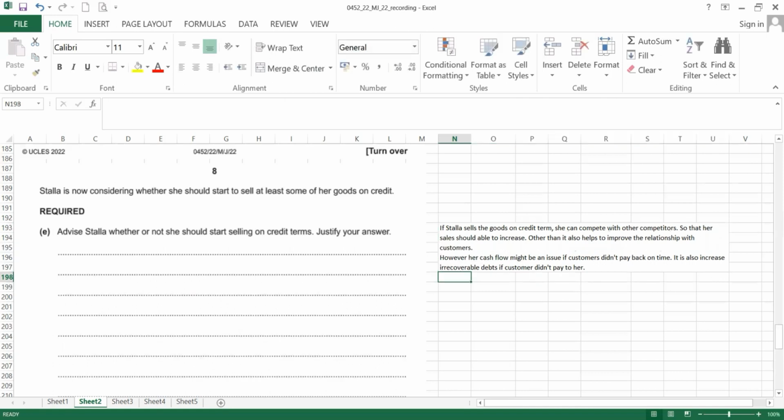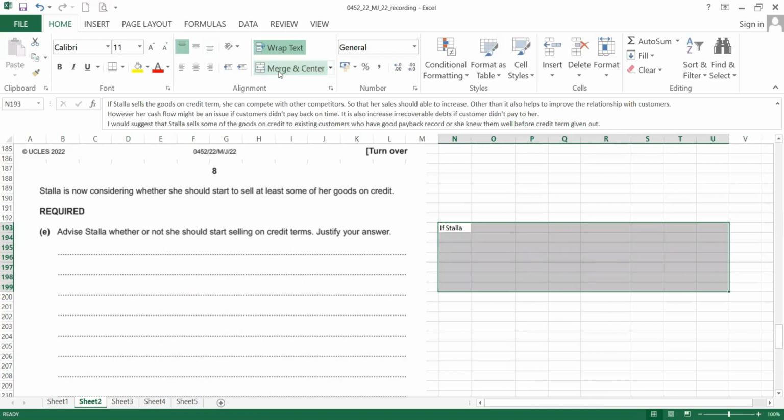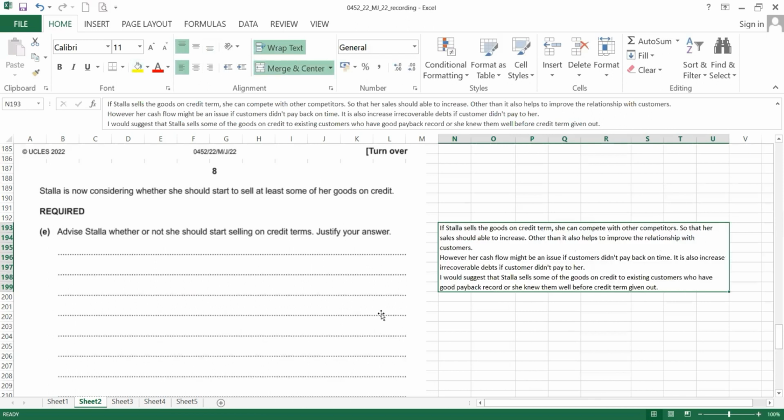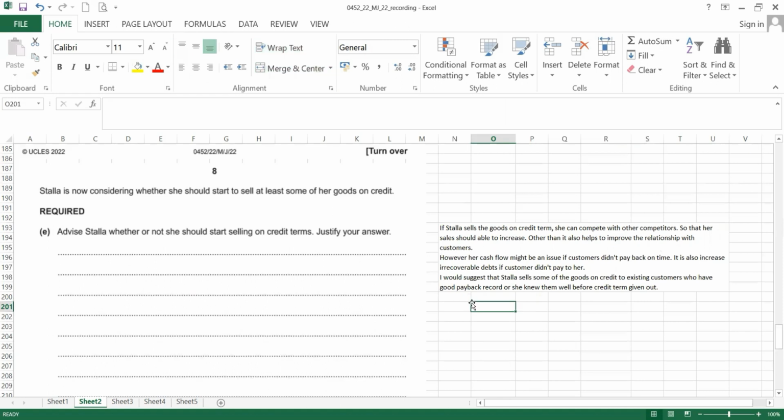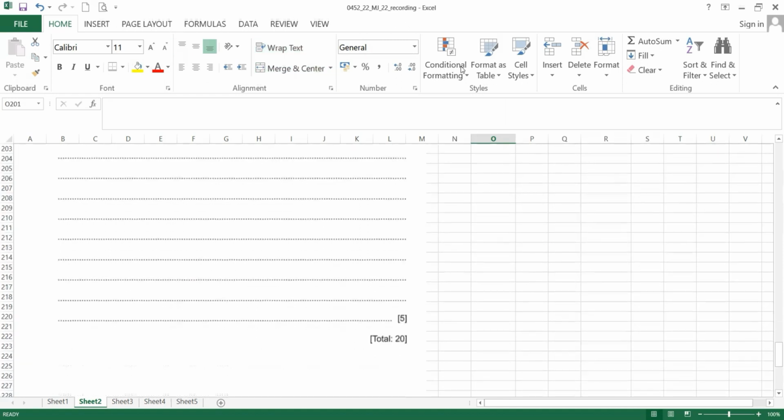So this is to reduce the chances of irrecoverable debt. Only choose those customers who are trustworthy, then only give the credit. So that is the answer that I give. Support the credit term.